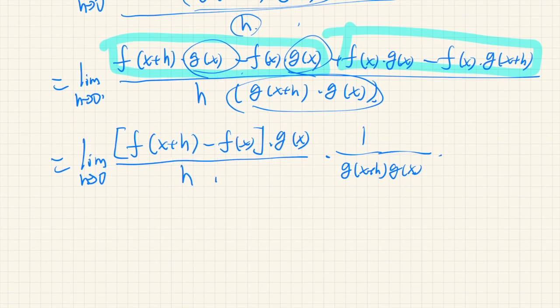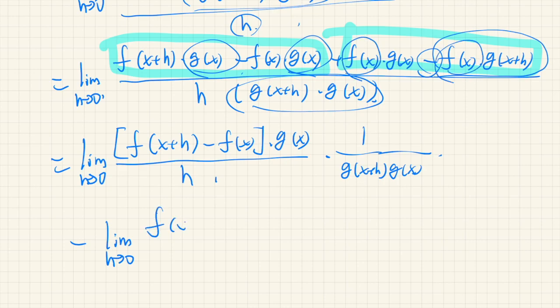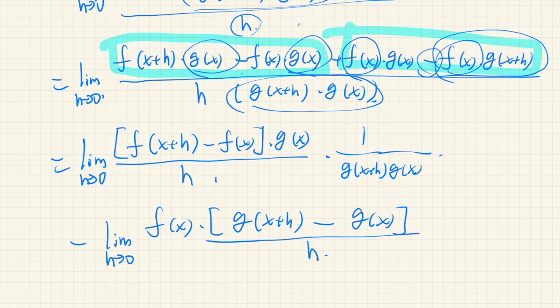Okay, so this is the first term. And let's put this term first. So we put this negative sign out. So that becomes, so factorized by f of x, we have f of x here, and g of x plus h minus g of x divided by h, and times this.